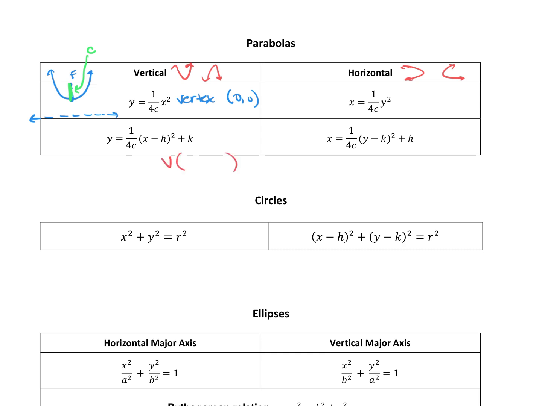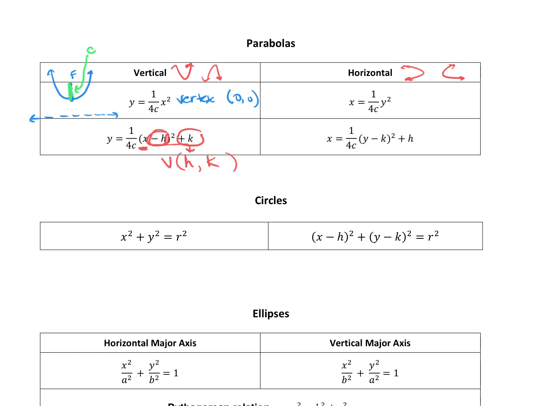So our vertex now, this number goes here. But if it's inside parentheses, it's going to be tricky. If you notice, in these parentheses was an x, so this number is the x coordinate of your vertex. It looks like a negative h, so it would be a positive h. This number on the end is the y coordinate of your vertex.